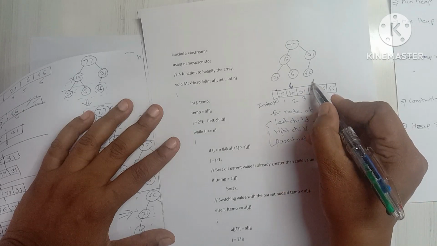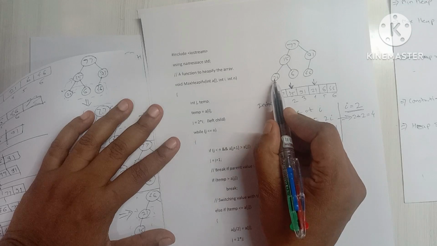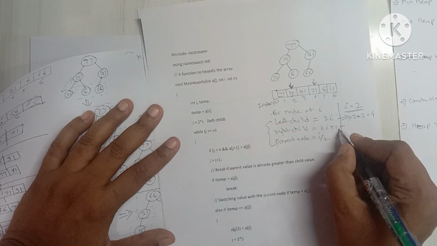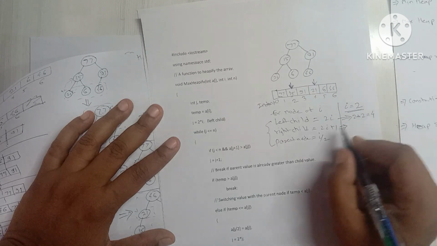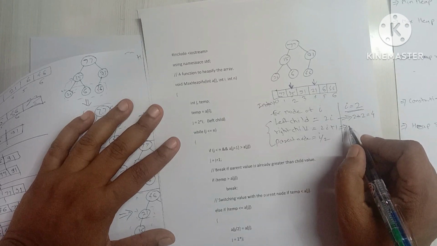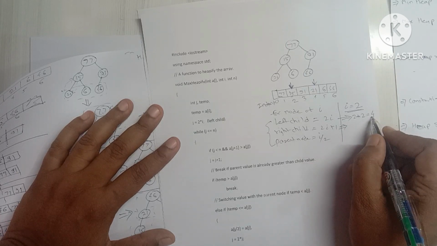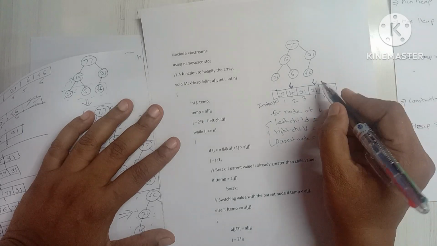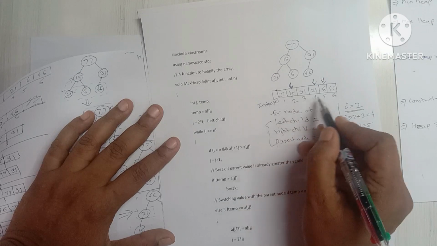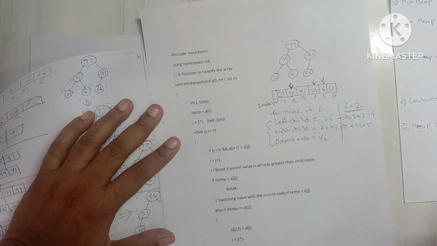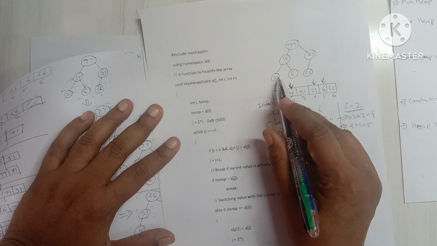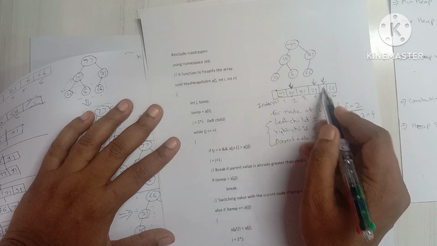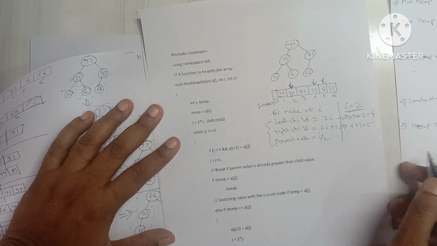So the left child is at the fourth location. Now the right child is at the 2I plus 1 location. We already calculated the value of 2I, that is 4, so 4 plus 1 means fifth. So the right child of 15 is at the fifth location. Yes, the left child of 15 is 21 at the fourth location, and the right child of 15 is 6, which is at the fifth location.